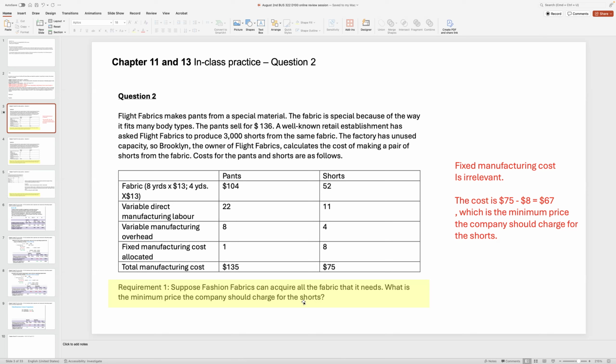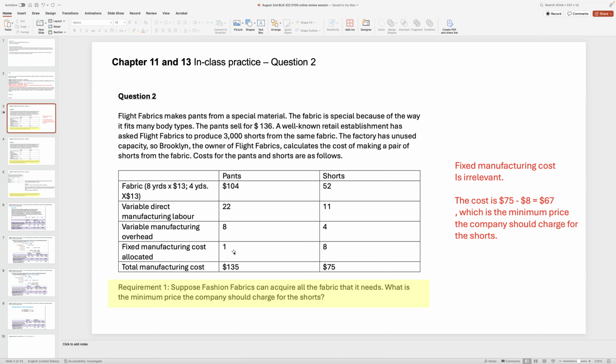So in this case, if I need to make shorts, you need the materials, the $52 cost. You need this manufacturing labor cost, 11, and variable overhead, 4. But this $8 fixed manufacturing overhead cost is allocated.